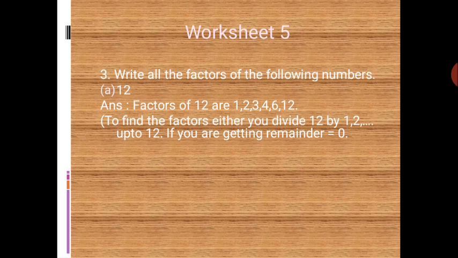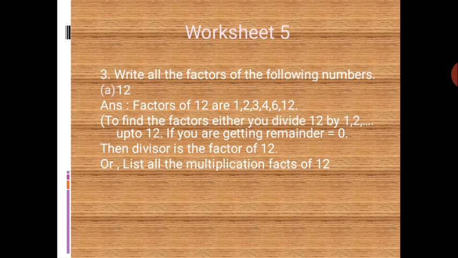We can apply two methods. Either we can divide 12 by 1, 2 up to 12. If you are getting a remainder equal to 0, then the divisor is said to be a factor of 12. Or in the other method, you can list all the multiplication facts of 12. So I have written all the multiplication facts. 1 multiplied by 12 is equal to 12.